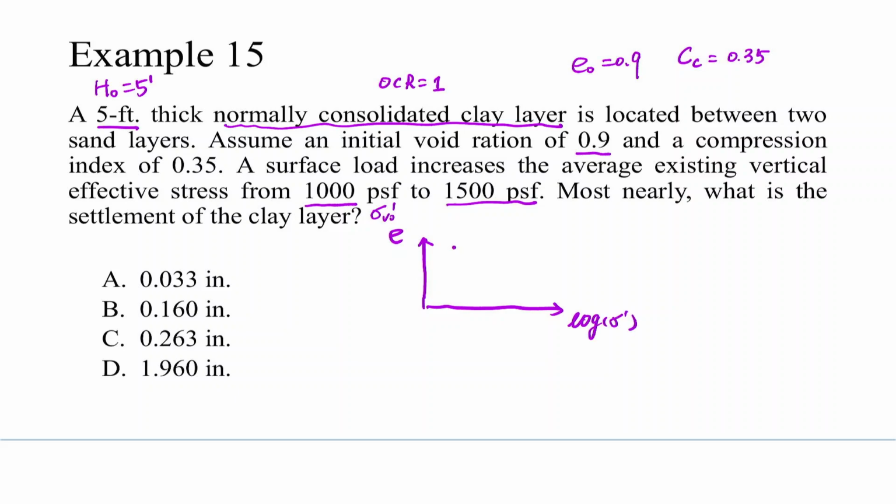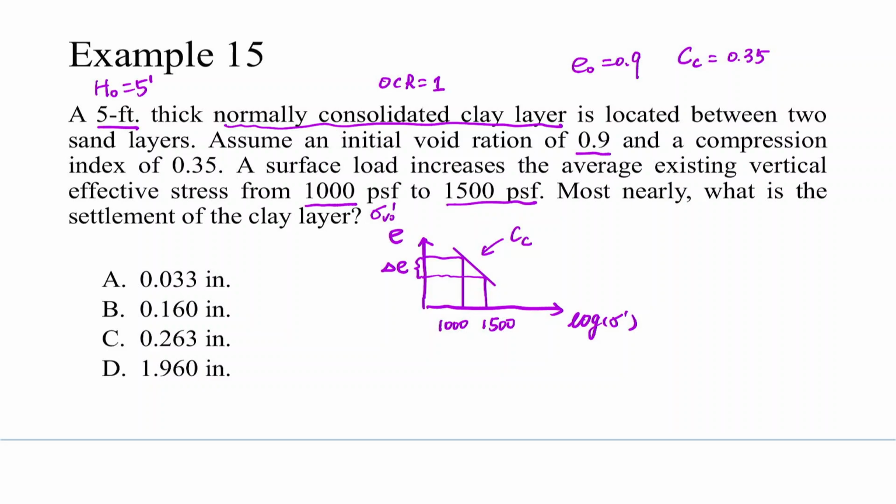Normally consolidated clay, so a single straight line with a slope of C sub C, and we have the x-axis from 1000 to 1500. And now we need to figure out the delta e. After we figure out the delta e, we can convert the delta e to a settlement.